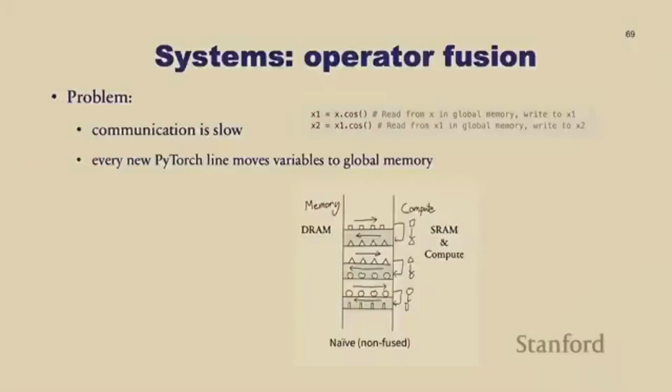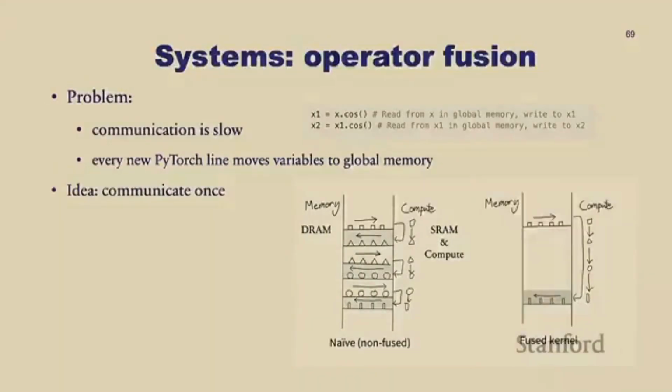Another way to see that is that you go from your DRAM, which is the global memory in your GPU, you ship it to compute, and you ship it back for every line. This is a naive way of doing it. This seems very wasteful. So the simple idea of operator fusion is just: communicate, do all the computation, ship it back once. And this is exactly what fused kernels are.